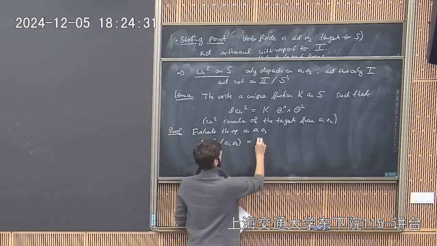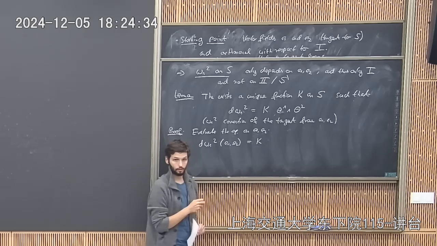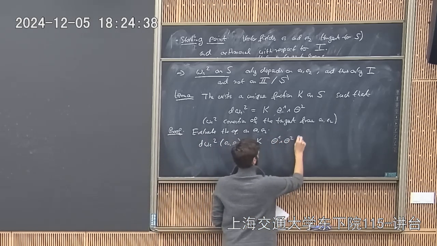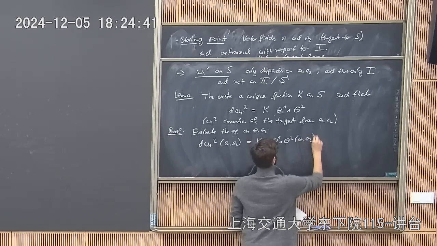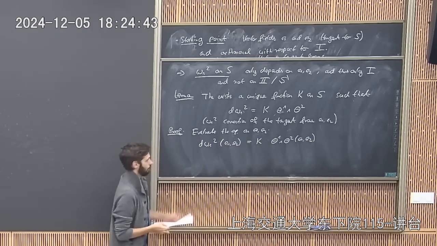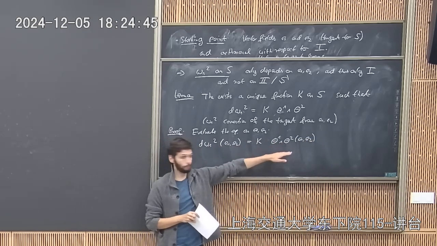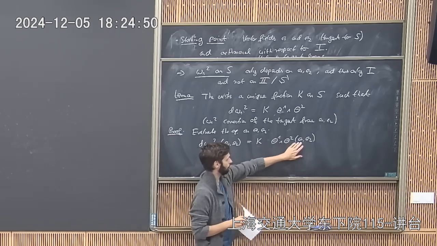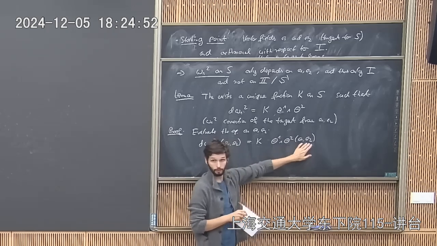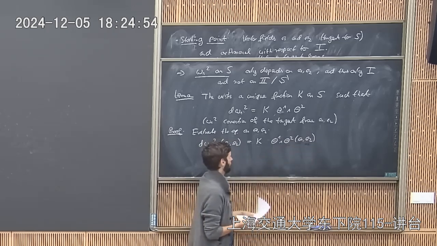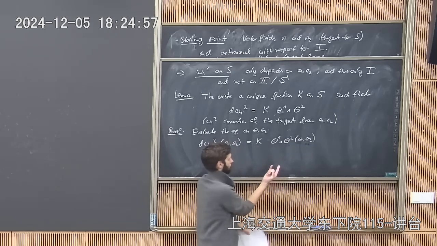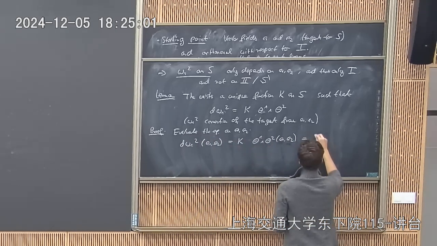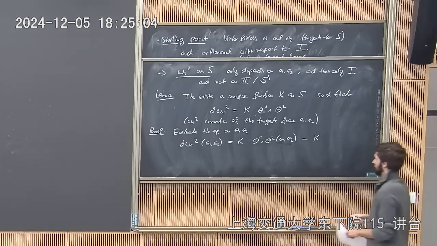And then you have k, that's just like some function, and then we apply theta 1 wedge theta 2 to E1 and E2. And now we use the same thing with the wedge product, and we say like only the term where theta 1 applied to E1 survives and theta 2 to E2, which gives us each time just like 1. And if you turn it around, you get 0, because then theta 1 is eating E2, which gives 0. So that gives us k.